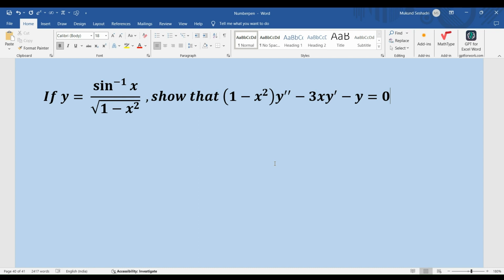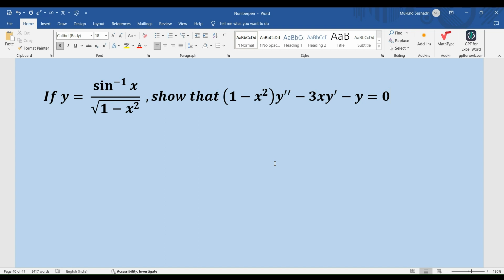So like we've solved in many other problems in the past, this is a simple y equal to f of x, where your f of x has a sine inverse, and therefore it is okay to do a substitution and simplify y and then go about solving this particular problem, right?